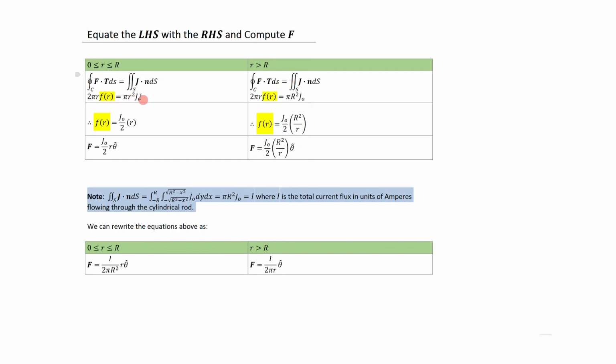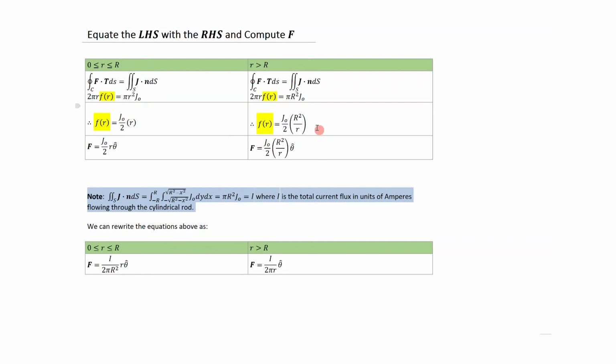Using the information from the previous slide, we write the left-hand side and right-hand side for each region. We're interested in what F of r is, so we solve this equation and end up with an expression for F of r for 0 less than or equal to r less than or equal to capital R, as well as the condition when r is greater than capital R.